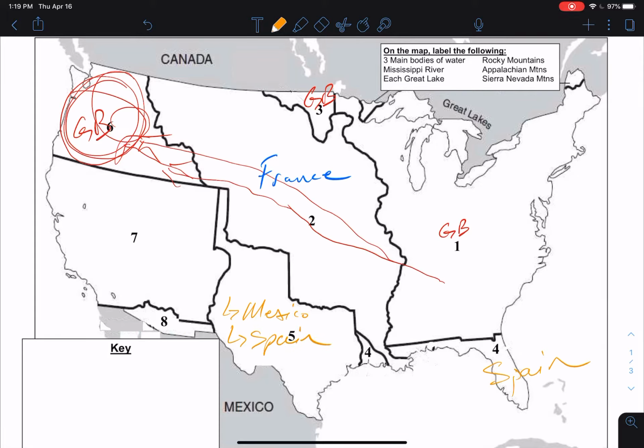So hopefully you remember a little bit of that from 7th grade. Okay. We also got this little territory from Spain. And then over here, we get the Mexican Cession from Mexico, who also previously got it from Spain.